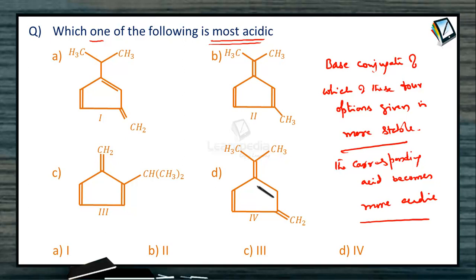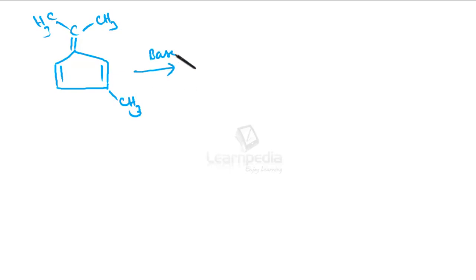And by observation, when we look at B, what will be the conjugate base of B? As we see, the conjugate base of this option 2 is what? So when we treat this with a base, the acidic hydrogen from here or from here is lost in the form of a proton and gives a conjugate base.